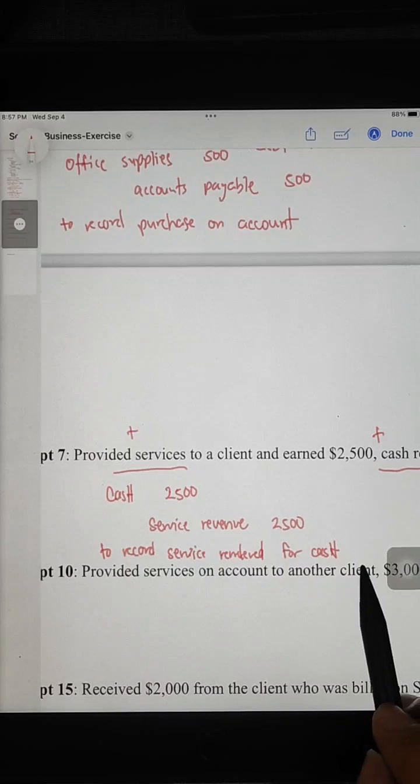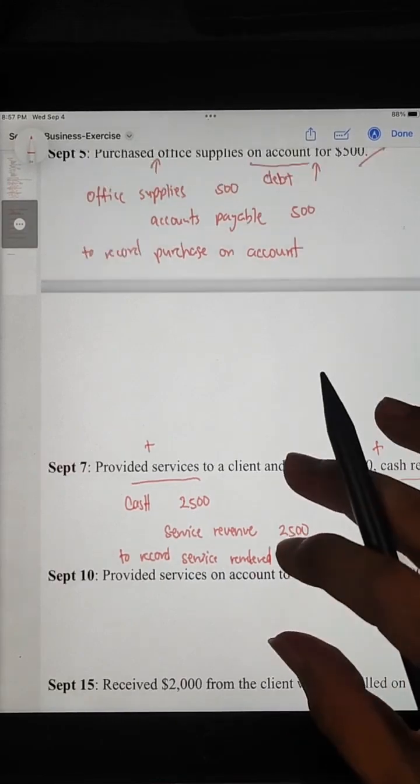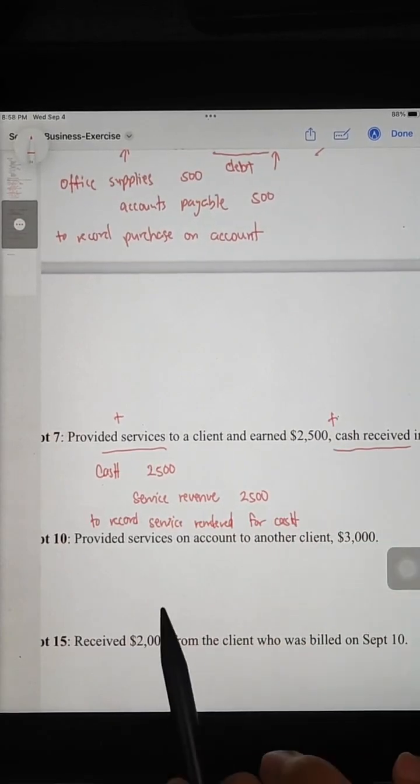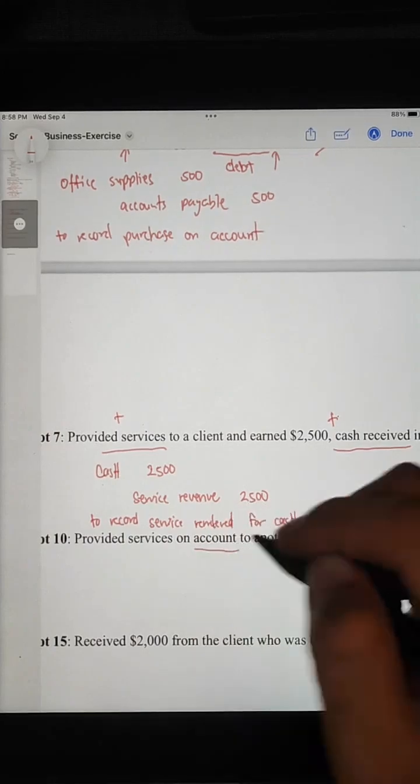Actually, for the explanation, it can be anything naman, no? For so long as naiintindihan natin yung explanation natin bakit meron tayong transaction na ganyan or debit and credit na ganun. And then lastly, for tonight's discussion, September 10, provided services on account on another client. So again, nandyan na naman, account.